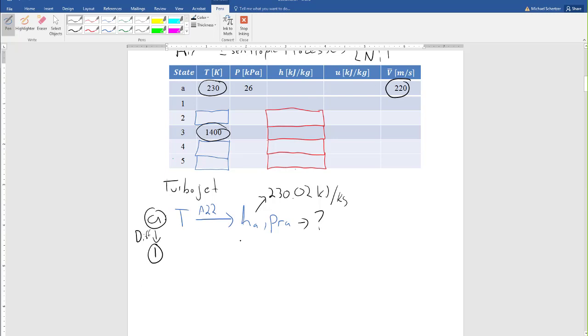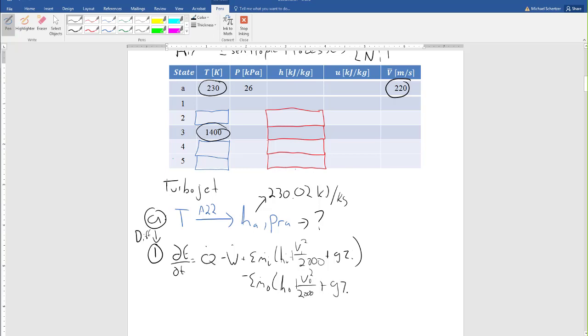The only way I can figure out how to do that is to use the first law, right? dE by dt is equal to Q dot minus W dot plus the sum of m dot in, h in plus V in squared over 2000. We've already talked about how to do the units there, right? Because this is in meters per second, plus gz in, minus the sum of m dot out, h out plus V out squared over 2000, plus gz out.